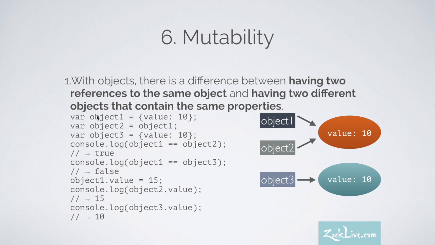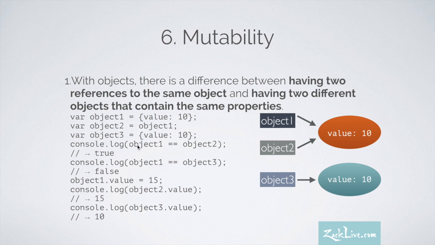In this example, we have three objects. The first object, object 1, has the property value which equals 10, and then we assign object 1 to object 2, and lastly we create an object 3 which has the same property as object 1.